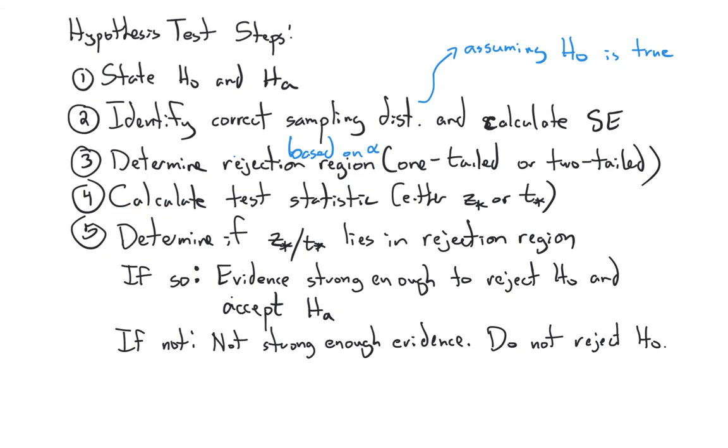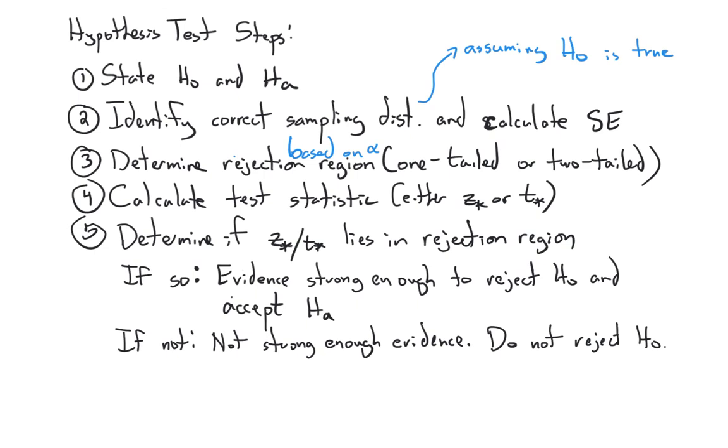After that, we determine the strength of our evidence. We calculate our test statistic. Remember, that's either Z star or T star, just the number of standard errors you are away from the mean in the particular sampling distribution that you've noticed. And that's where you'll use your standard error, of course. And once we do that, we determine if our test statistic, either Z star or T star, lies in the rejection region.